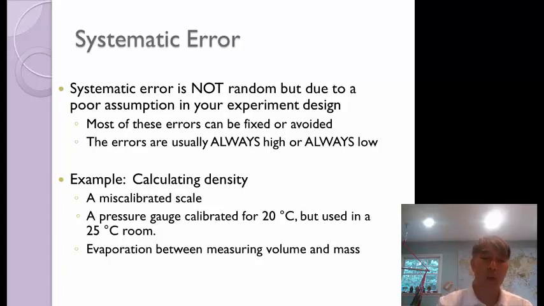Between measuring the volume and measuring the mass, there will always be a slight amount of evaporation, and you can't do anything to avoid that evaporation. But it will always result in less mass than there was when you measured the volume.